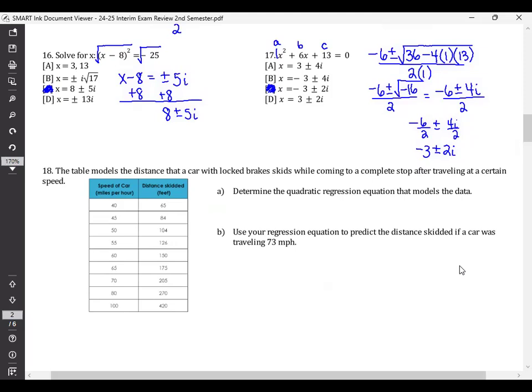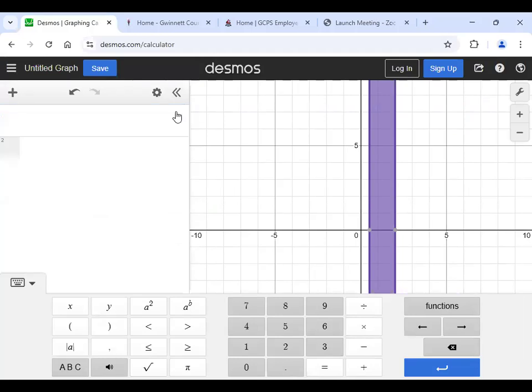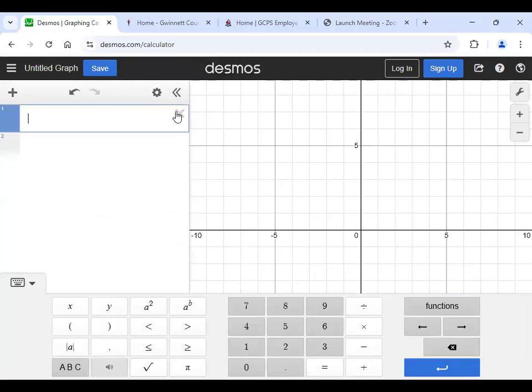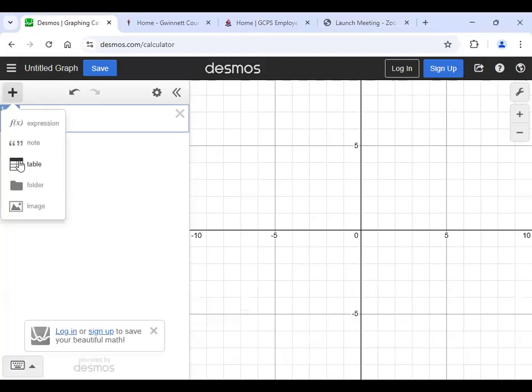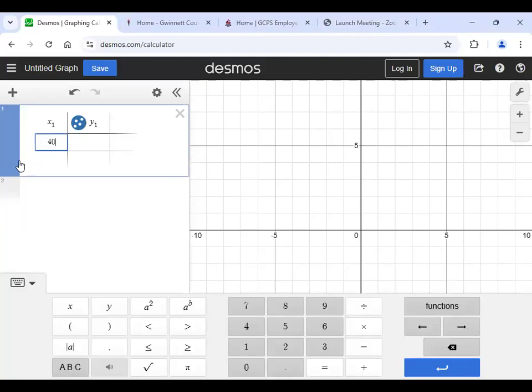It tells us quadratic. I mentioned on the last test that quadratic is the one you've got to know. I appreciate it if you tried the cubic or a quartic, but quadratic. To do this in Desmos, click on the plus sign, click on table, and enter your data.